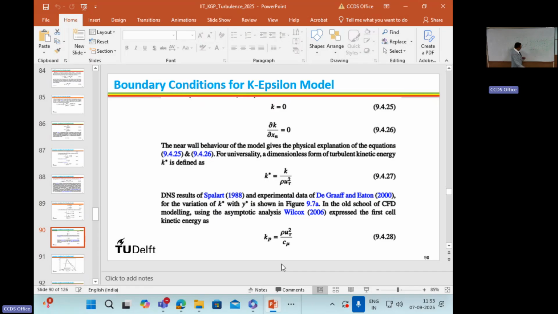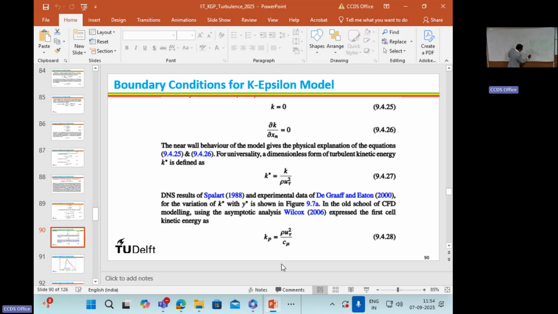They calculate the wall shear stress from the previous iteration, using mu wall del u by del xn. This del xn is the distance, mu wall is known, and del u is up minus 0 if it is a no slip condition. Then the first cell velocity up becomes how much?